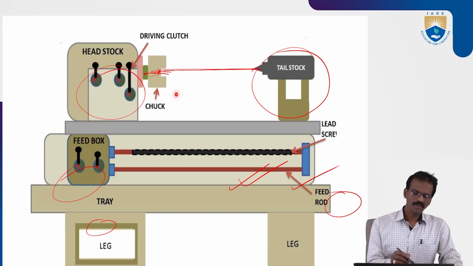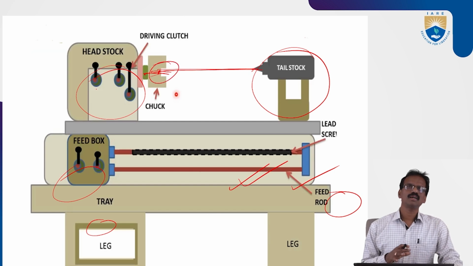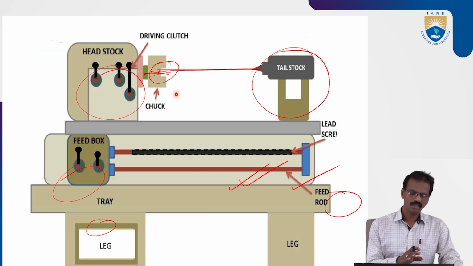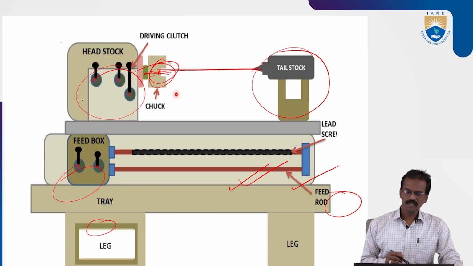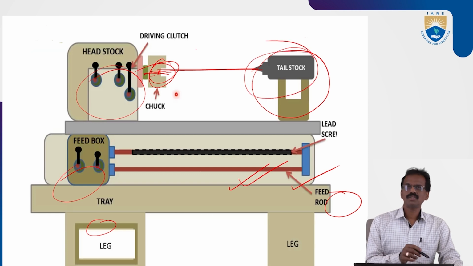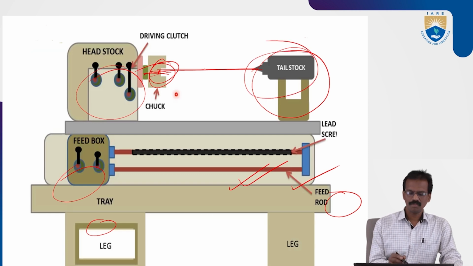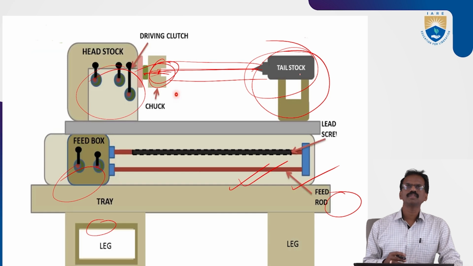Live center means machining is performed at the live center, at the chuck. This tailstock only gives support to the workpiece. It provides the rigidity and support to the workpiece to perform the machining operation.